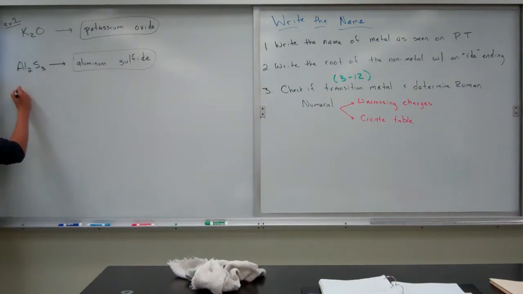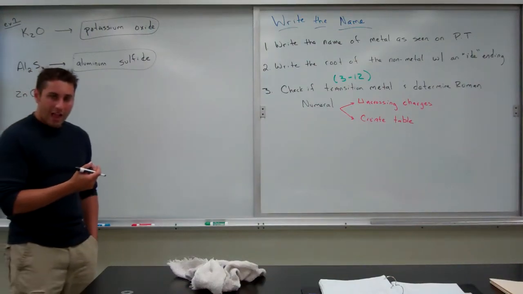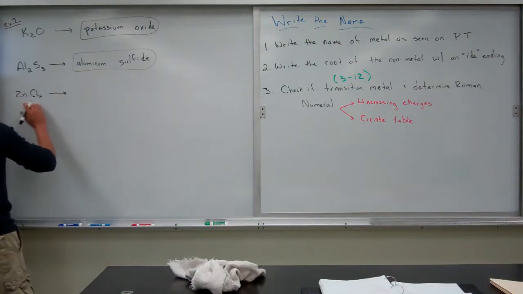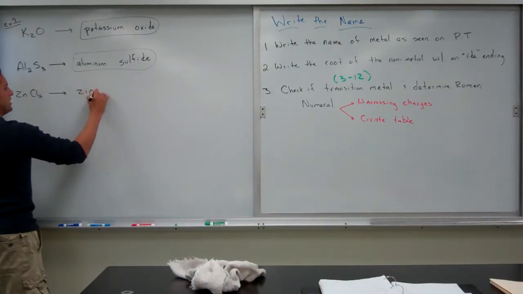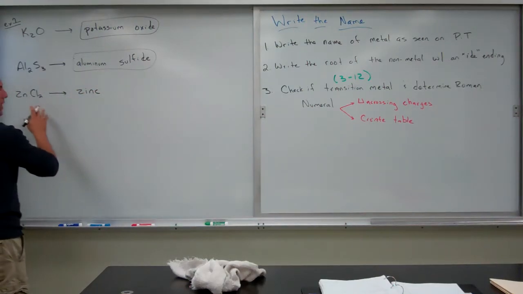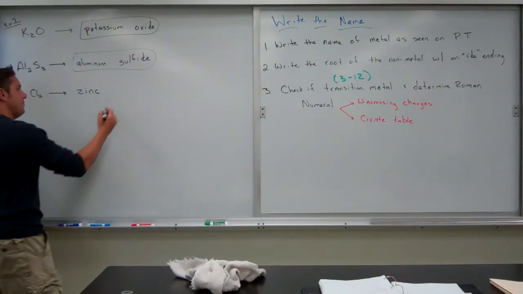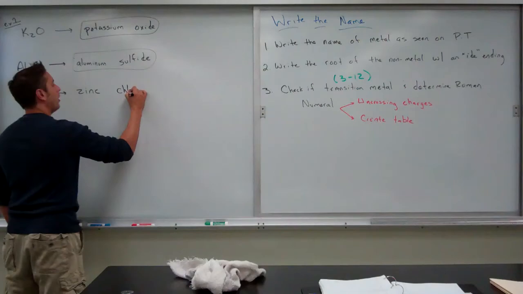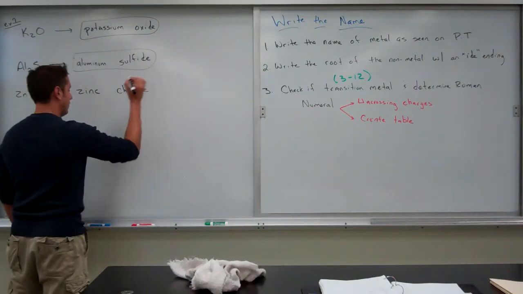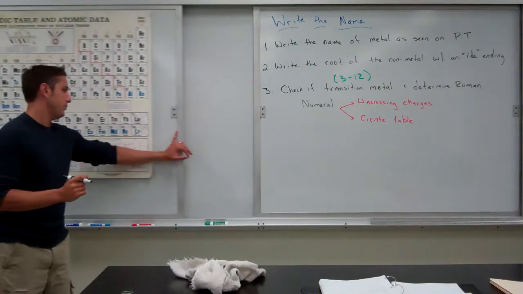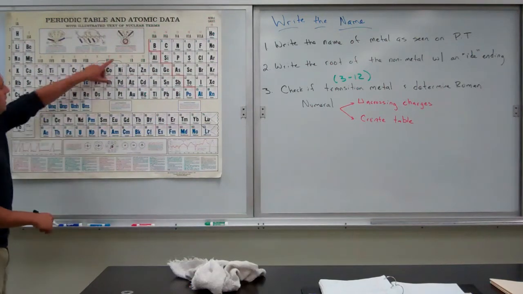Let's try something like ZnCl2. Again, these are all ionic because that's what we're talking about. Step 1, my metal as seen on the table is zinc. I would name the root of my nonmetal. Chlorine with an IDE becomes chloride. And then I check to see if zinc is a transition metal. Zinc is right here.